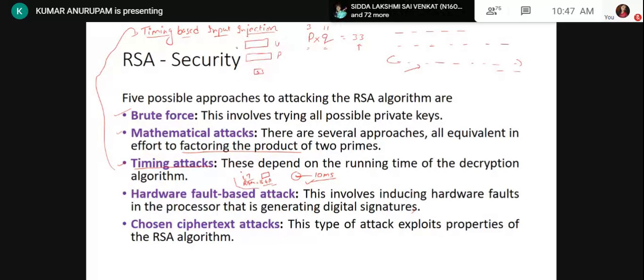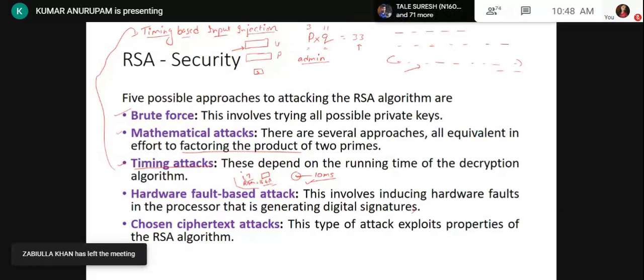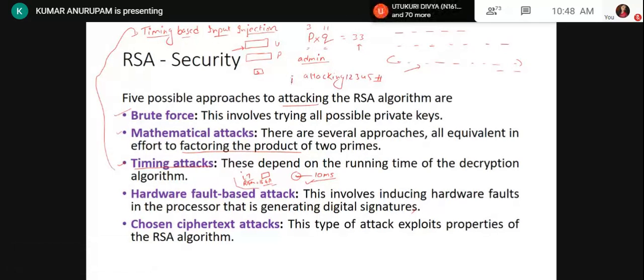What an attacker does is try to write a query in the username field. One username which is active in the database is, say, admin, and the password can be, let's say, attacking12345 hash. This is the password, and this is the username.